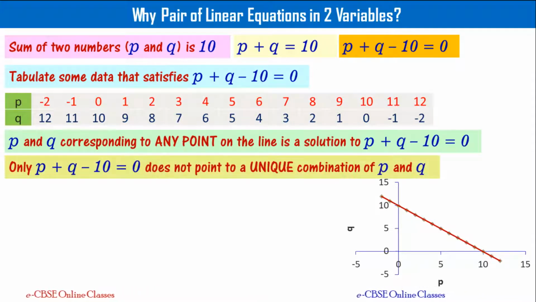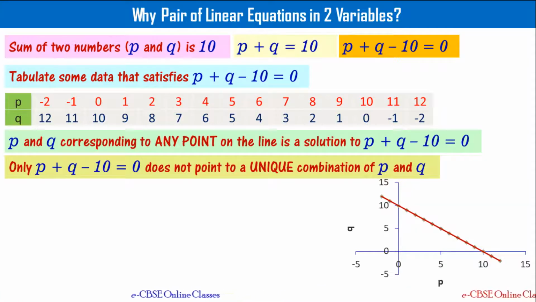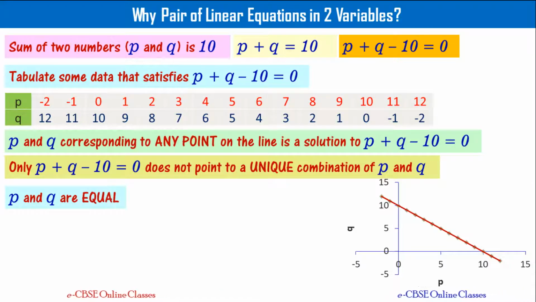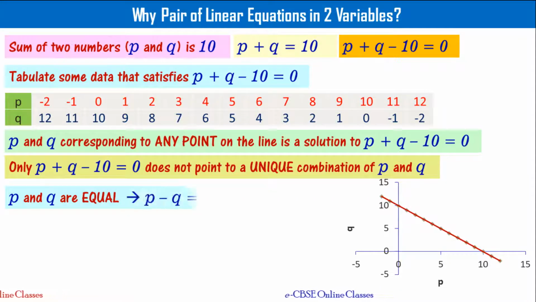It says that only the p plus q minus 10 equal to 0 equation is not sufficient and it does not point to a unique combination of p and q, right? Instead, or in addition to the given statement, sum of two numbers p and q is 10, if I have another statement like p and q are equal, which can be written as a linear equation in two variables, that is p minus q equal to 0.